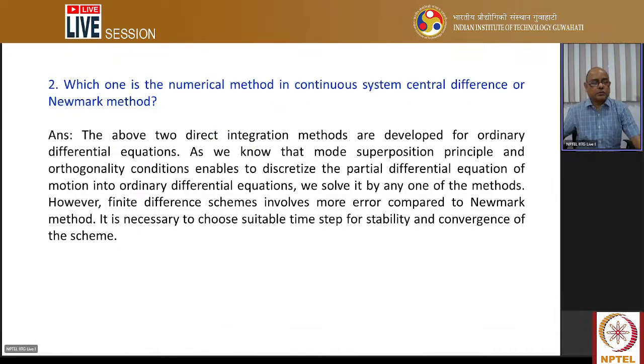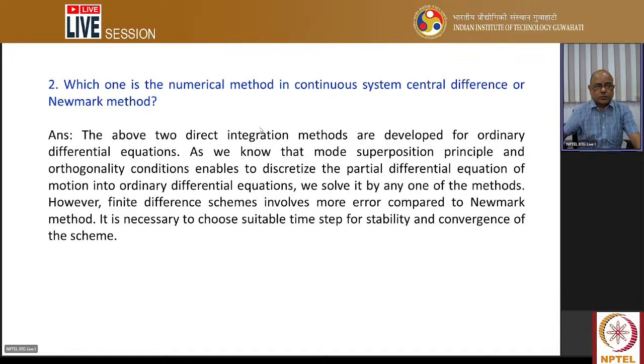The second question is, which one is the numerical method for continuous systems? The numerical method that I discussed here is illustrated with a single degree of freedom system, that is a discrete system. Multi-degree of freedom can also be extended. But for a continuous system, the generalized coordinate equation is obtained using the mode superposition technique and orthogonality condition. After that, it resembles the same equation as in the case of a single degree of freedom system.